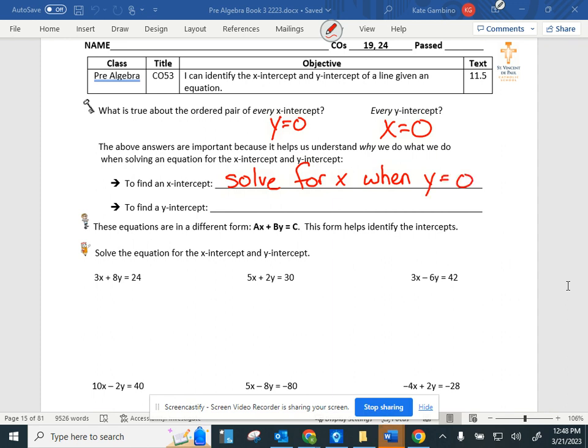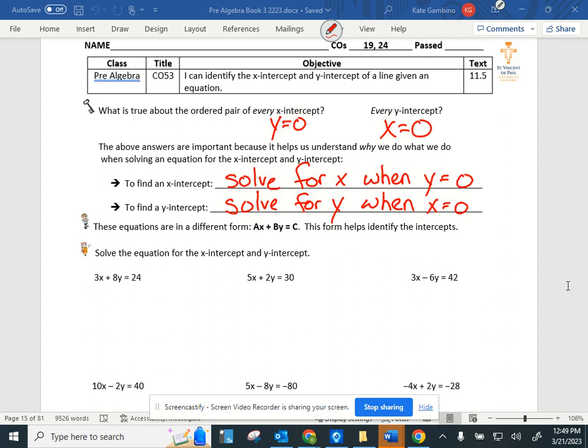And to find the y-intercept, you need to solve for y when x equals 0. So when we have an equation that has both the x and the y, we need to decide, am I solving for the x-intercept or the y-intercept? I can put a 0 in for the other variable.